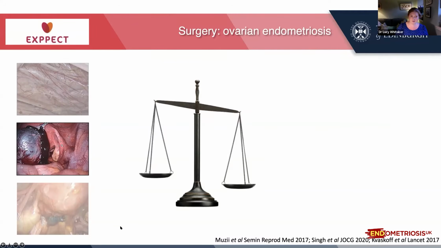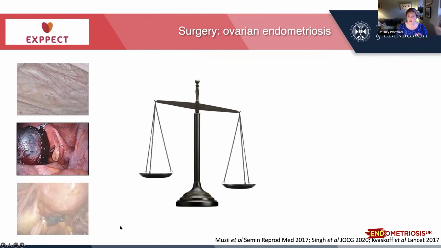But again, it's this risk-benefit balance, and we know if we operate on the ovary, we will do something to reduce the amount of eggs left in the ovary, what we call the egg reserve. And so for someone for whom fertility is a priority, this can be a really important factor in the decision-making of whether or not we go ahead with surgery, knowing that we might slightly reduce the number of eggs left for a future pregnancy.